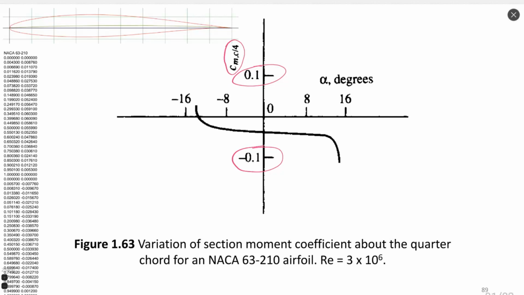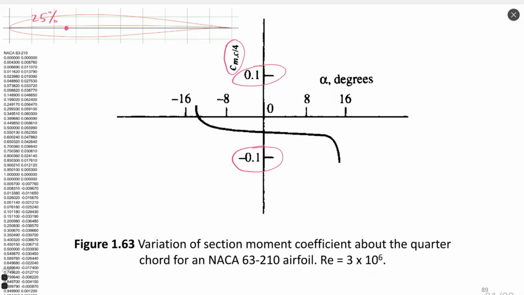MC divided by 4. It means that we have it exactly on the 1/4 chord. I will try to find where this 1/4 is, somewhere here at this point. 1/4 chord, 25% of chord, somewhere there.